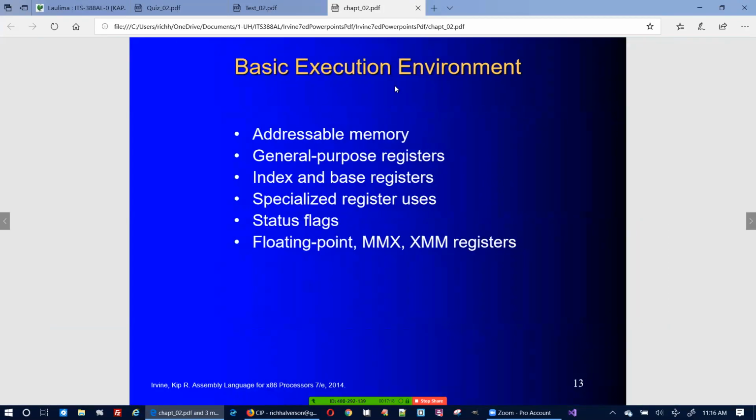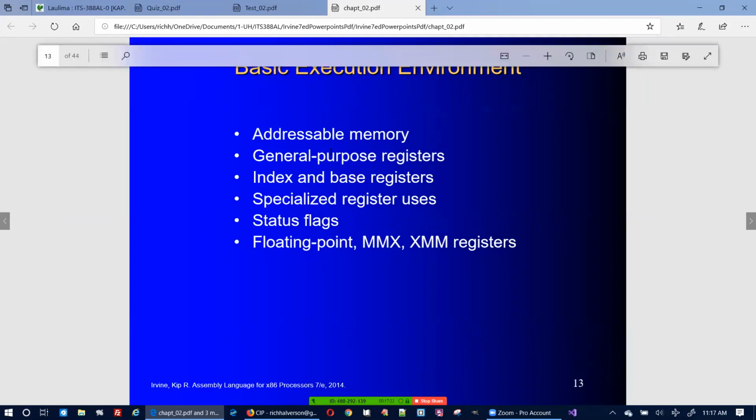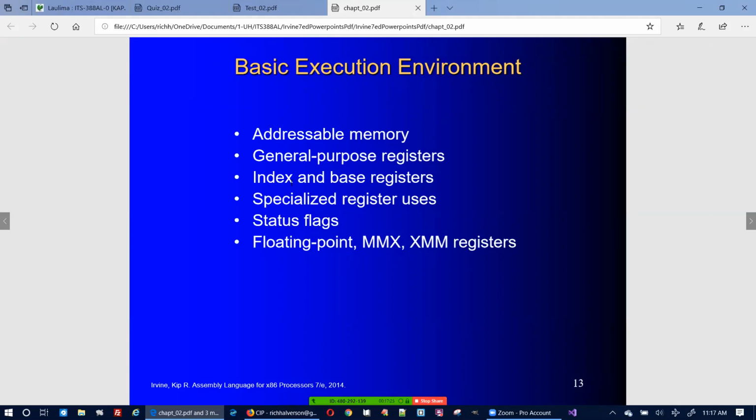All right, so the basic execution environment: there is addressable memory. There are general purpose registers, which we have to be aware of. There are index and base registers, which we have to be aware of. There are some specialized register uses, which we have to know. There are a bunch of status flags. You just finished an operation.